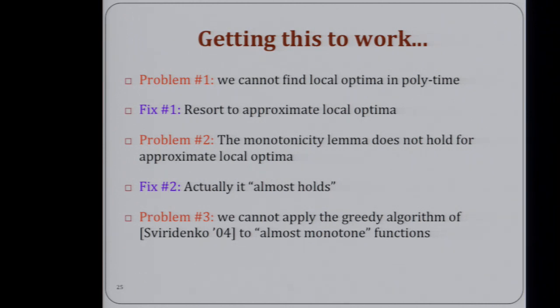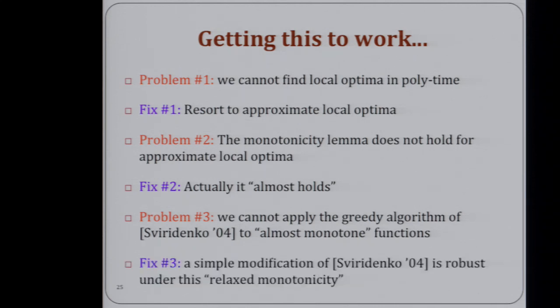Sviridenko's algorithm needs an evaluation function that is monotone within the set of items that it is defined on. The good thing is that we can do a simple modification to this algorithm, which remains robust under these relaxed versions of monotonicity.